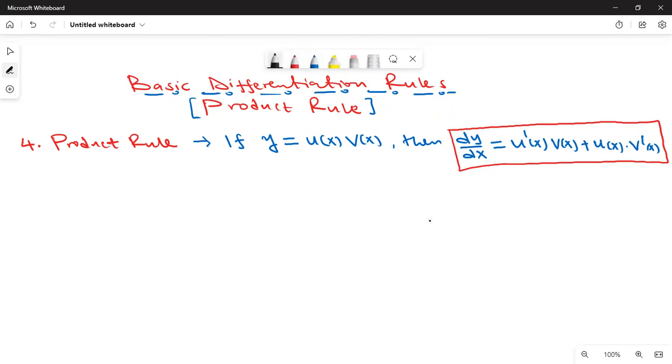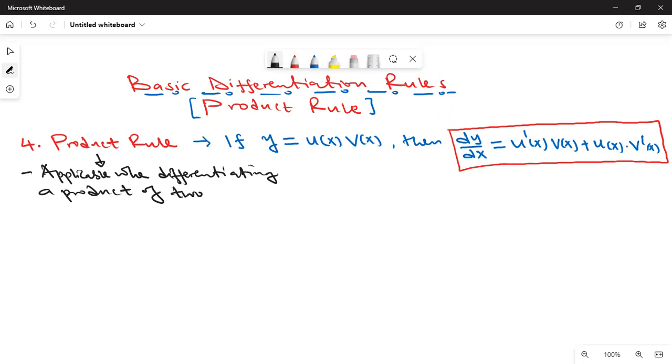So the rule is applicable when differentiating a product of two functions, two functions of the independent variable x.